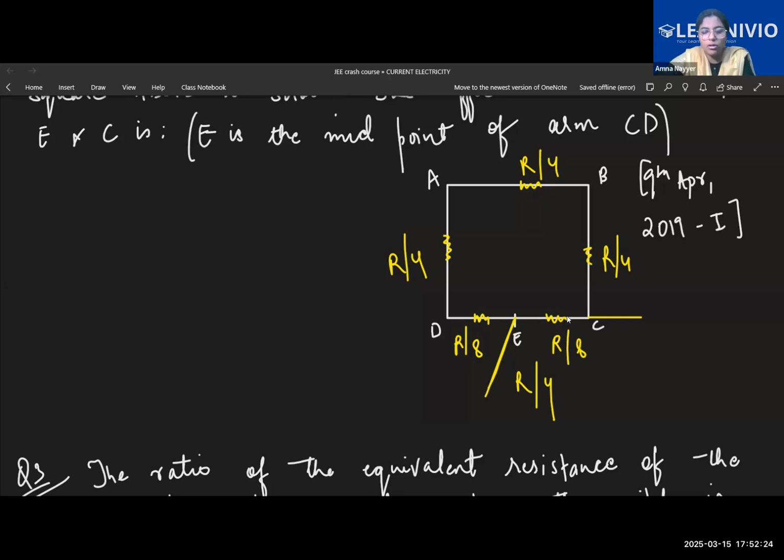Draw this. You have already written the question. Write what I have told you. Now tell me what's the equivalent resistance between E and C. I have given you the hint also. Now you tell. I'll tell you the options then.